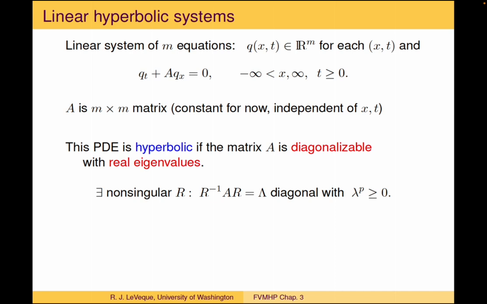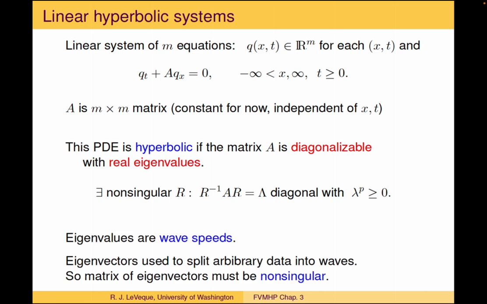What that means is that there's a non-singular matrix R of eigenvectors that diagonalizes the matrix. So the similarity transformation R inverse A R transforms A into a diagonal matrix Lambda with the eigenvalues on the diagonal. And the eigenvalues are the wave speeds that are important in the problem.